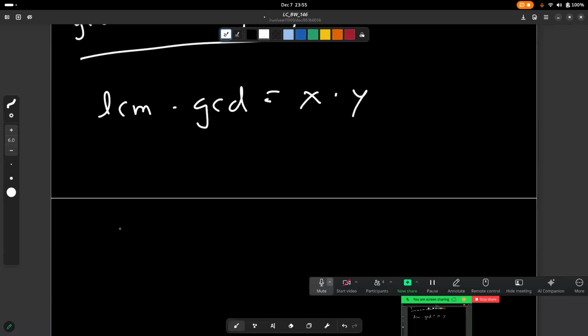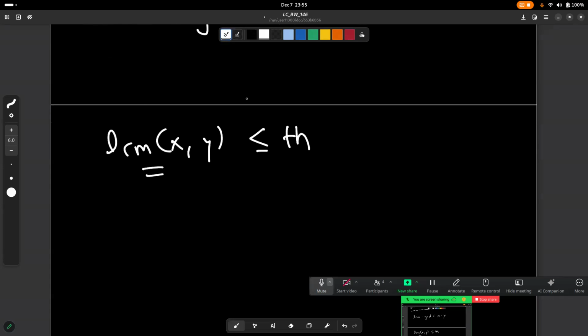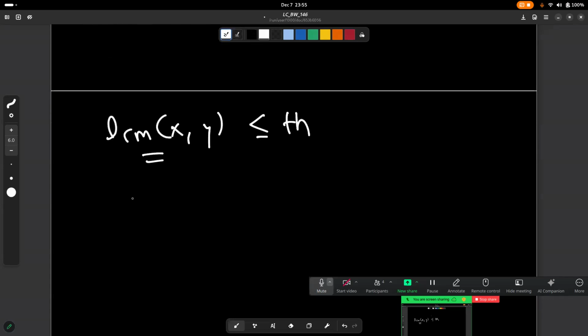So our condition says that the LCM of X and Y is less than or equal to threshold. Now, the LCM is a bit tricky to deal with. It's a bit difficult to calculate. And we know that there are certain constraints on the divisors of a number.